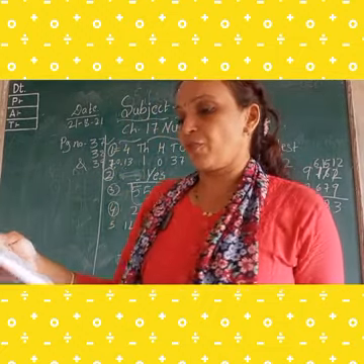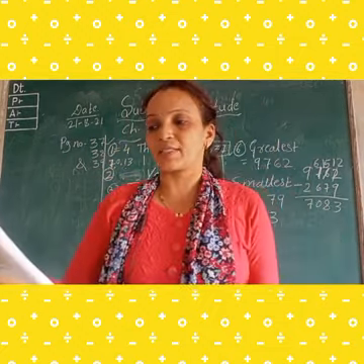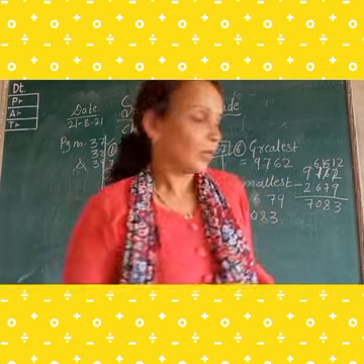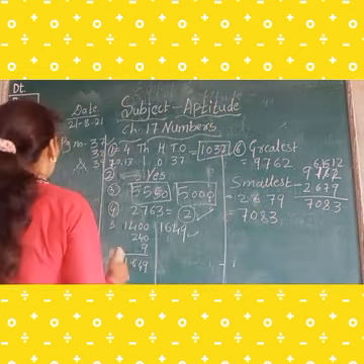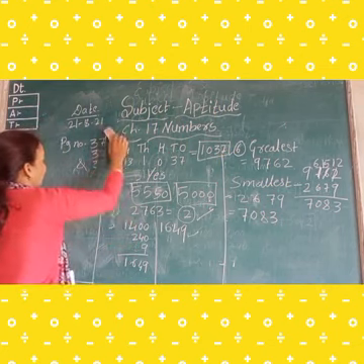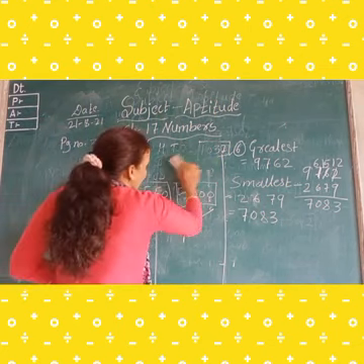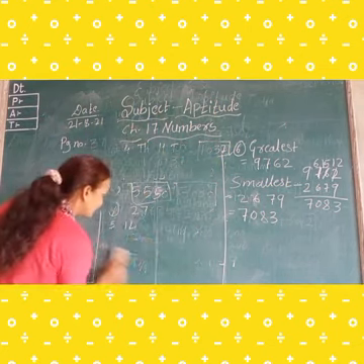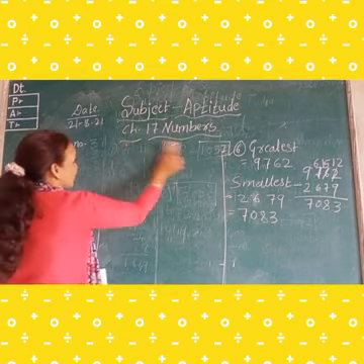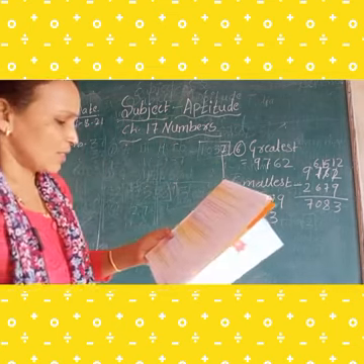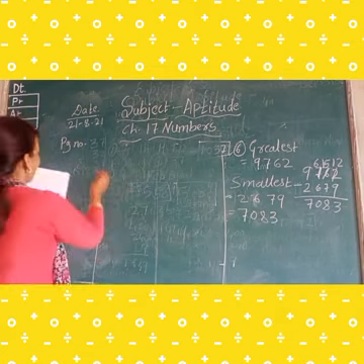Now, which of the following numbers is the second largest number of the group? I am going to erase this part now. Question number 7, second largest number.